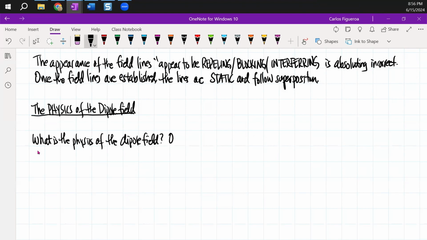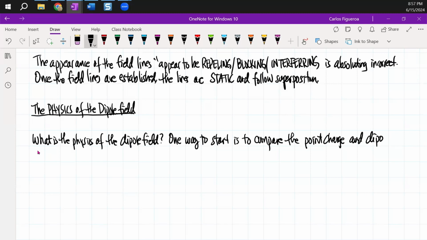One way to start is to compare the point charge and dipole fields.